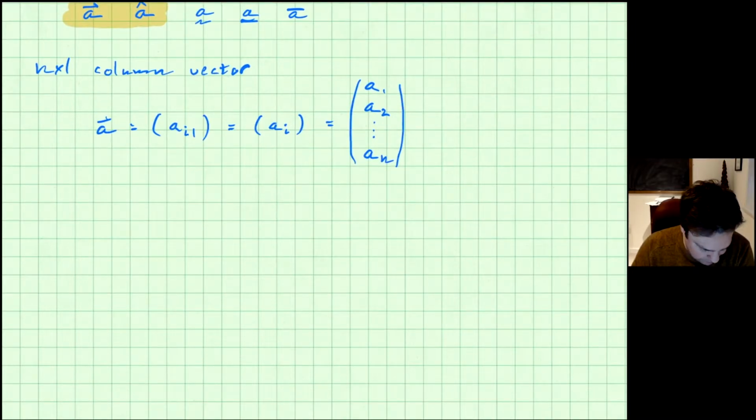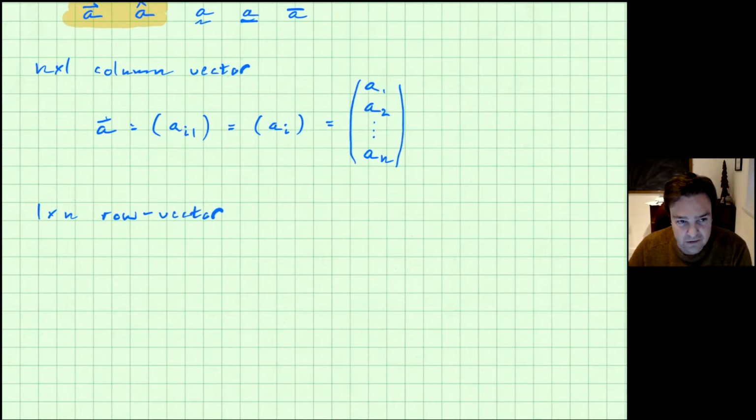Similarly, for a 1 by n row vector, which we could build by taking the transpose of A, I'll say this is A with an arrow over it, transposed. This is the collection of the elements, the transpose of A, row 1, column i.